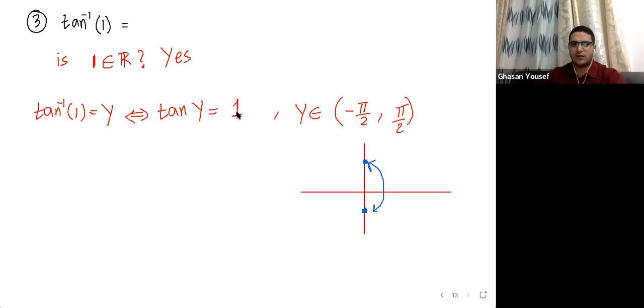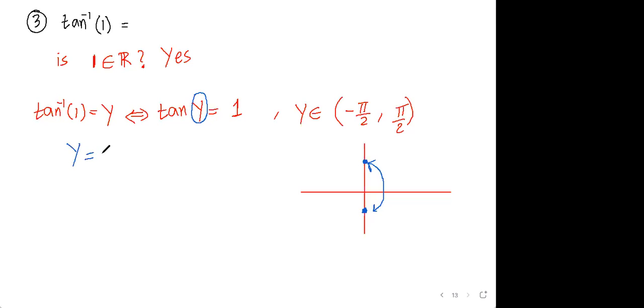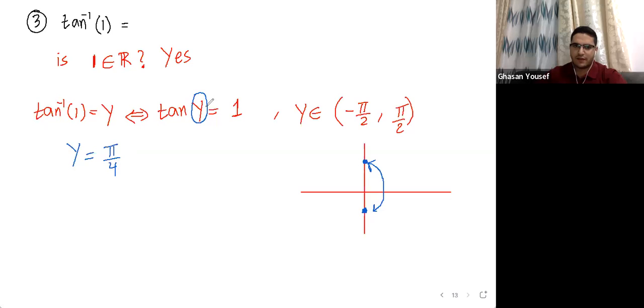Now the tan of y equals 1. What's the value of y? What value, if I plug it here, gives me 1? It would have to be pi over 4. Pi over 4, correct. If I plug pi over 4 here, it gives me 1.